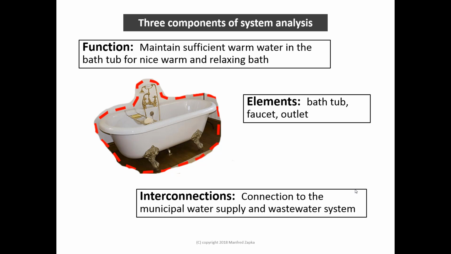Of course, it has to be heated up, but right now we are just looking at the water. And the wastewater system, because we are discharging something. Otherwise, our bathtub would just overflow. So right now we have defined function, elements and interconnections.